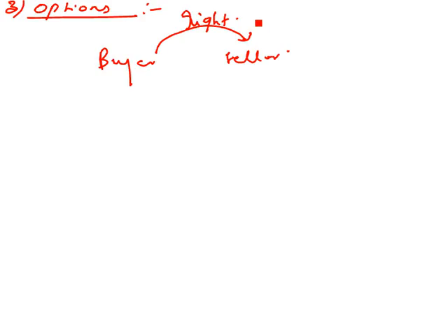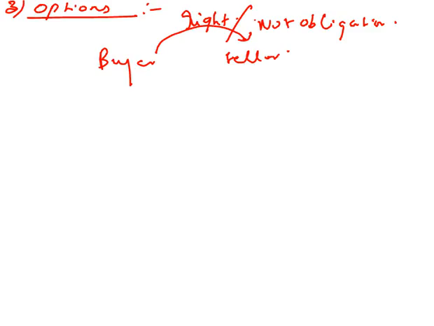But in the case of futures and forwards, he has to actually buy that underlying asset; there is an obligation on it. But in the case of options, he has only the right, but not the obligation, to buy the underlying asset. So this is the basic difference between options and forwards or futures.